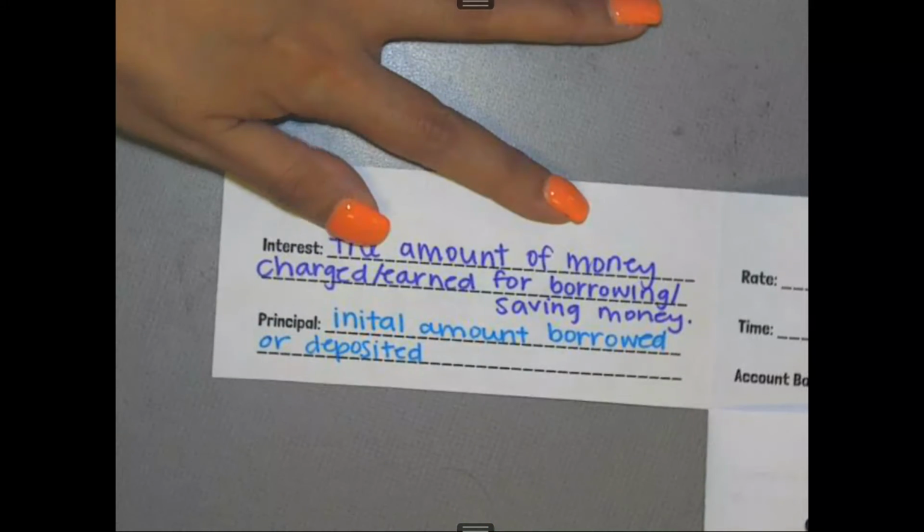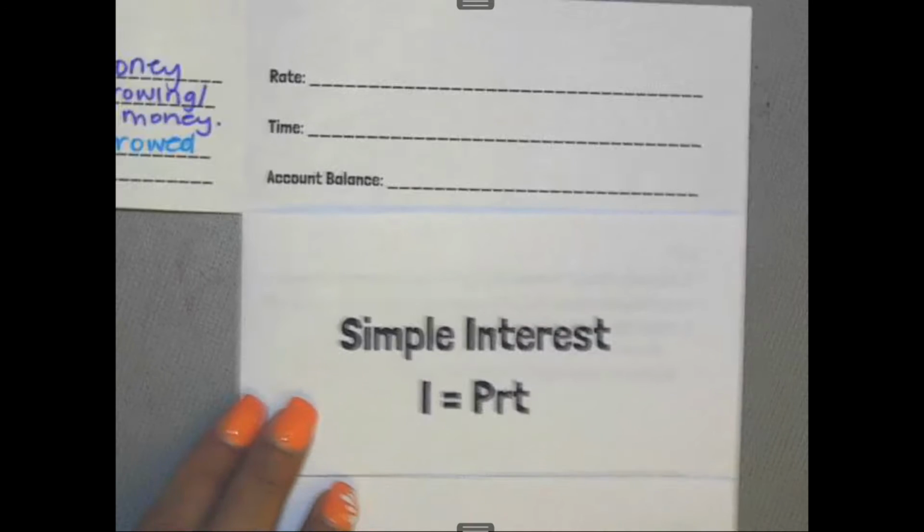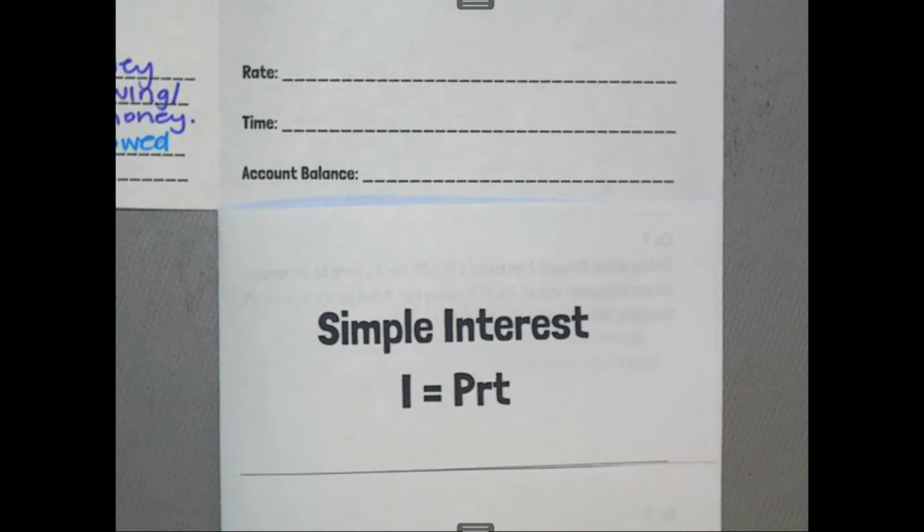Okay, so the principal is the amount of money you start with. Like if you go to buy a car, you're going to borrow money. And then if you're going to open a savings account or an investment account, you're going to deposit the money.